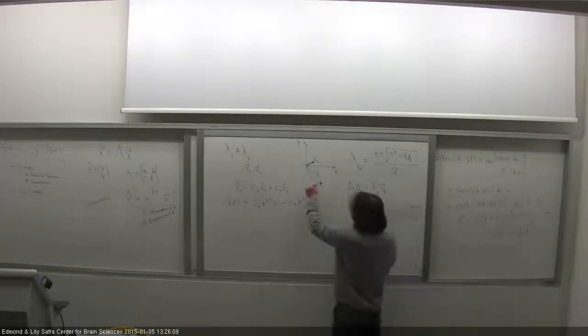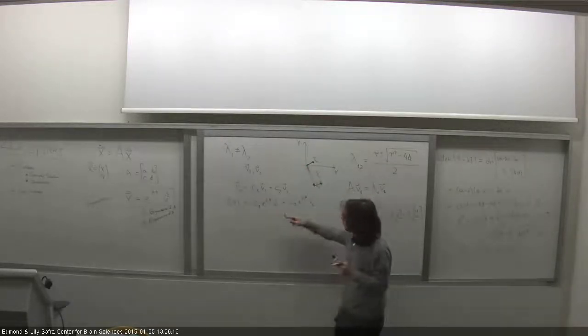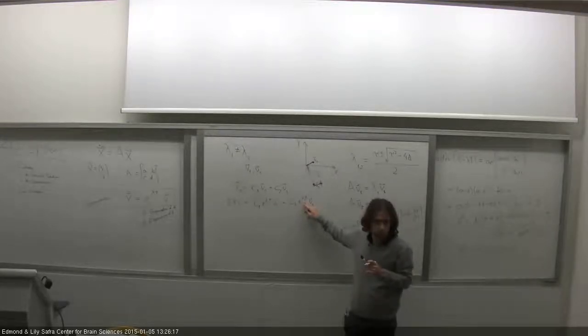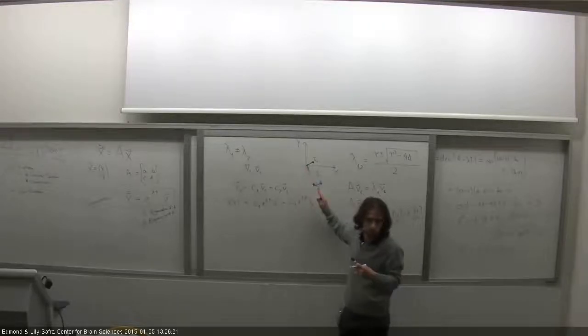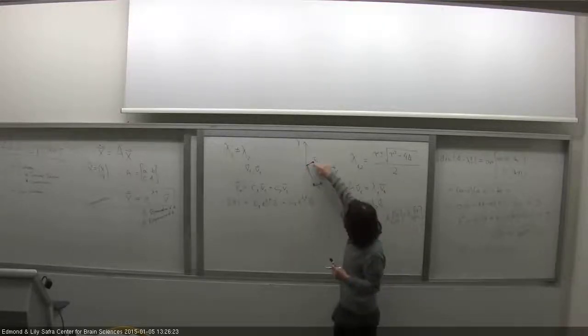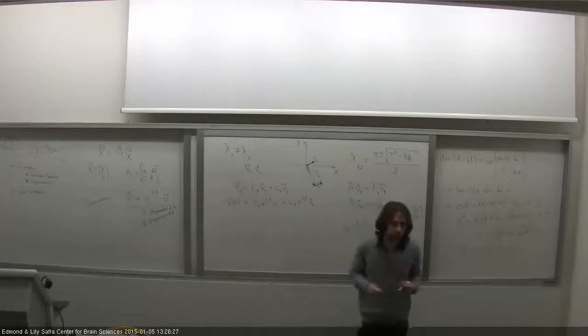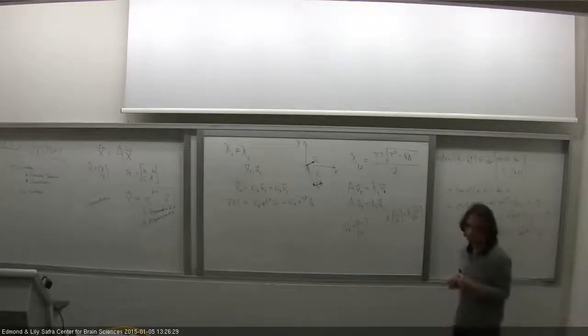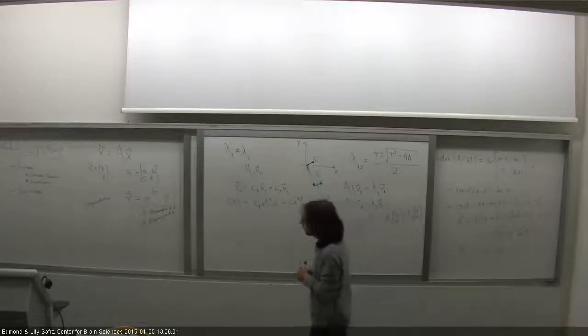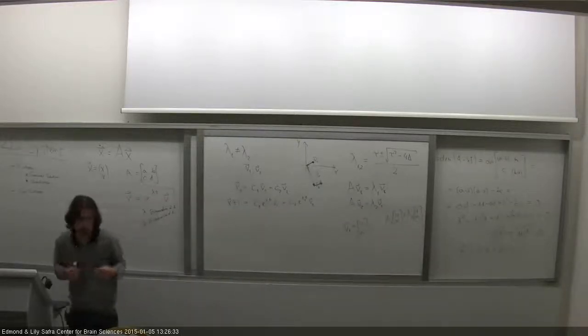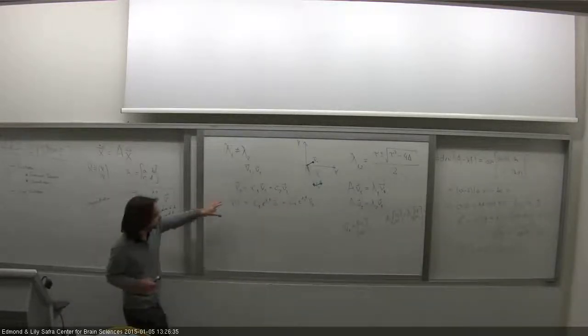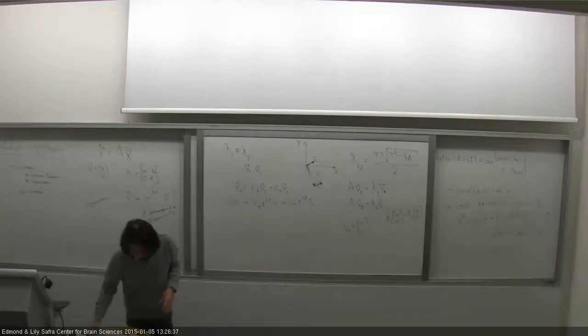On this direction, it will evolve according to lambda 2, just exponential growth or decay along this direction. And on this direction, it will evolve according to lambda 1, either exponential growth or exponential decay. So this is like decoupling the system, or writing it in a relevant system of coordinates.